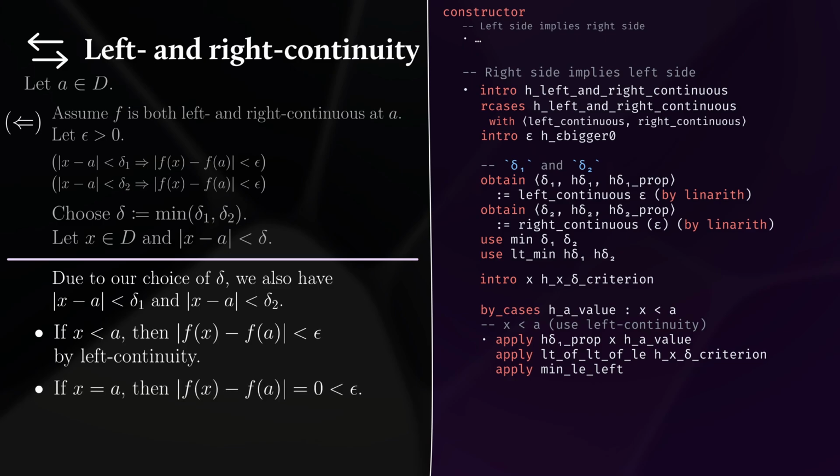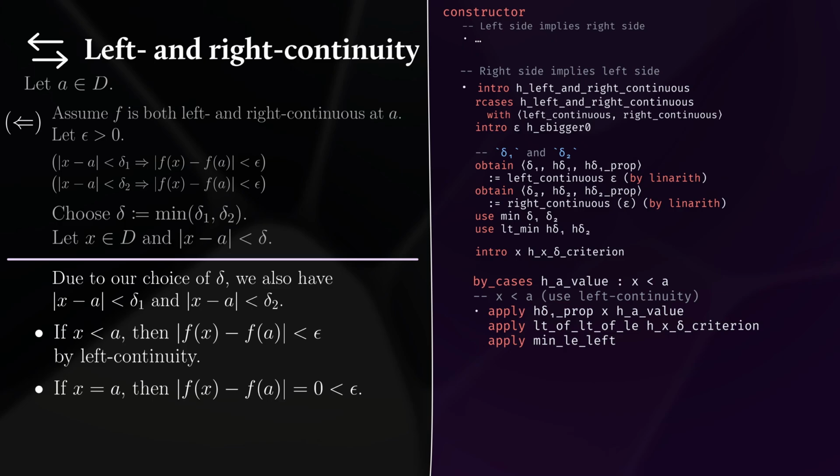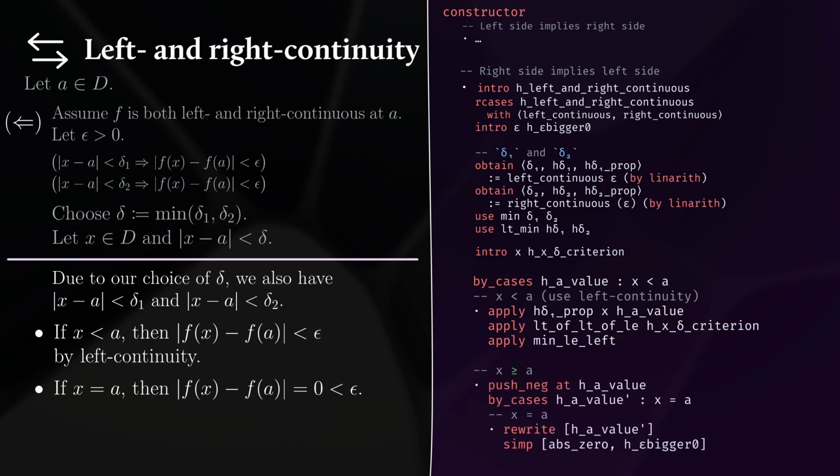Then our function values don't differ because they are just the same. So we have 0, and 0 is less than epsilon by assumption. So let's do that now in Lean. We consider the case x greater or equal to a, and then inside that case, another case where now x is equal to a. For this case, we just rewrite and then simplify using our hypothesis that epsilon is bigger than 0.